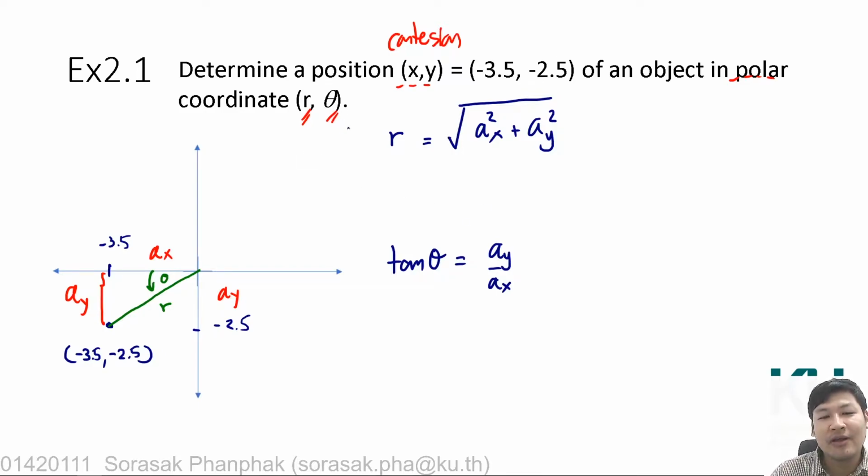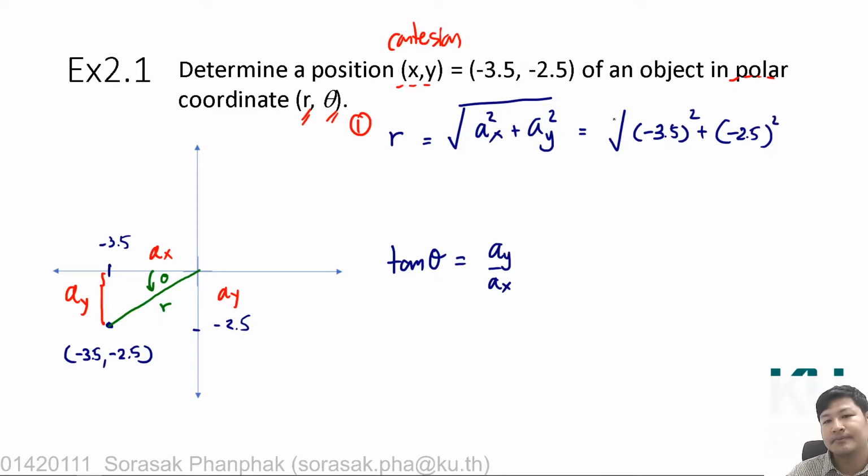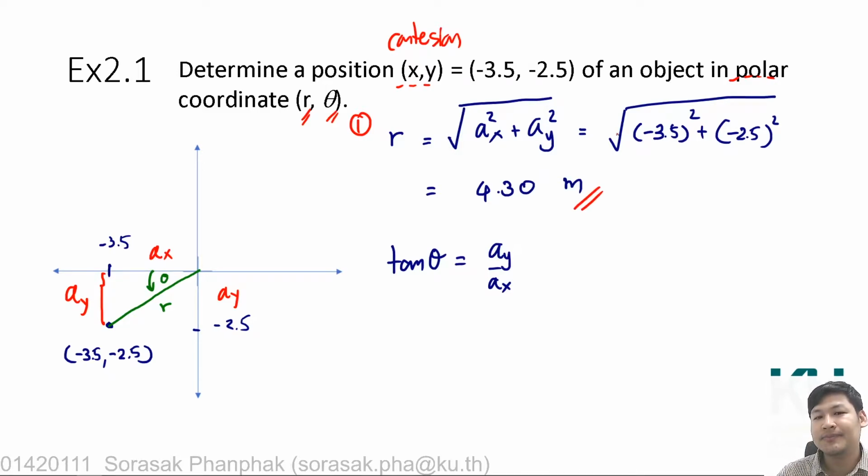And now if you would like to find r as initially, you can substitute everything inside the square root. So here it is minus 3.5 squared plus minus 2.5 squared, all under the square root. When you do the calculation, finally you get 4.30 in units of meter.